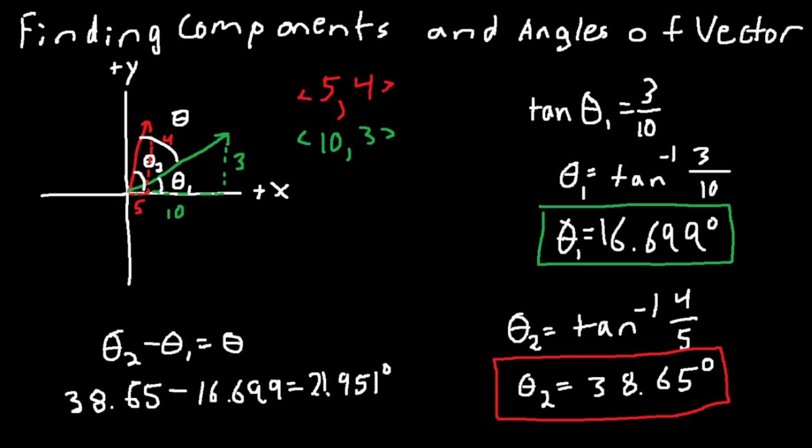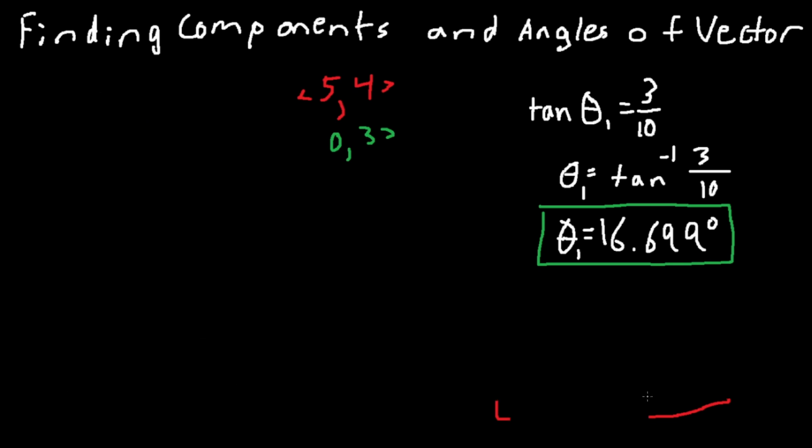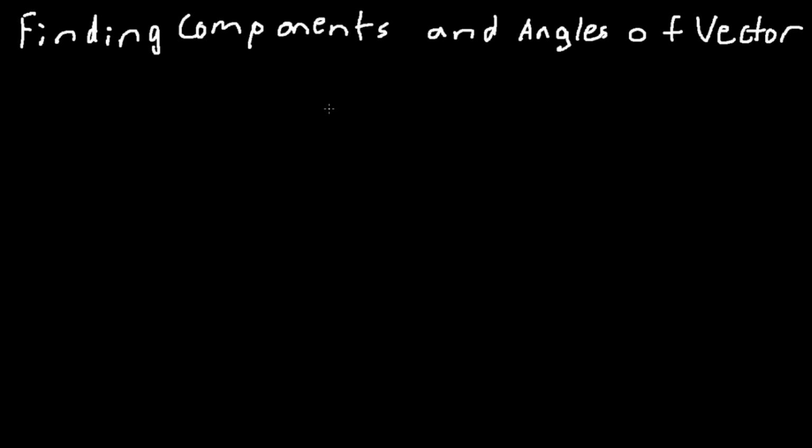Let's say the vectors were on this other side of the graph. You could still find it by comparing with the negative x-axis. You can still find the angles, and with a little bit of logic, you'll be able to solve for the angles between the vectors. So it's not only the positive x-axis that you're comparing it to.